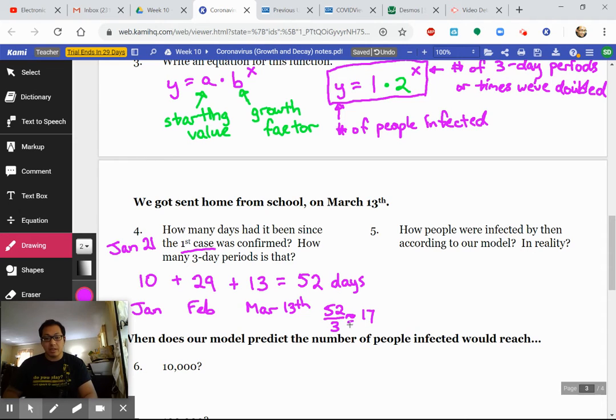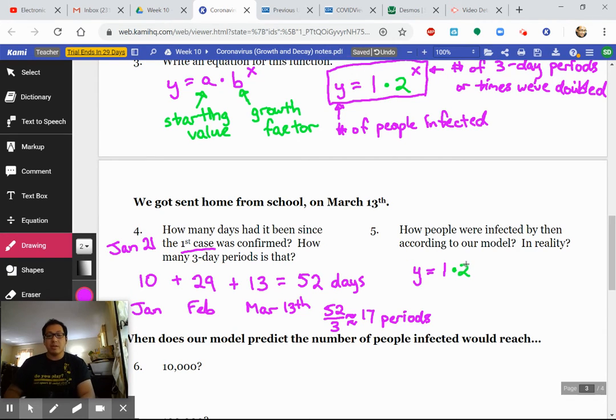I can write a little squiggly line here. 17 periods, 3-day periods. So according to our model, it should have doubled 17 times. So how many people were infected by then? Well, let me plug that in here. y is equal to 1 times 2, that's our doubling.